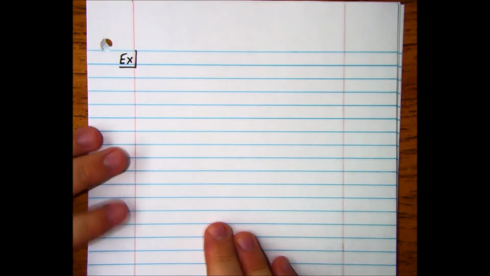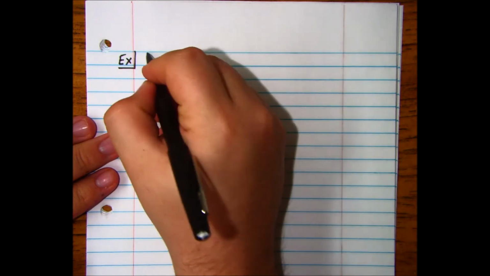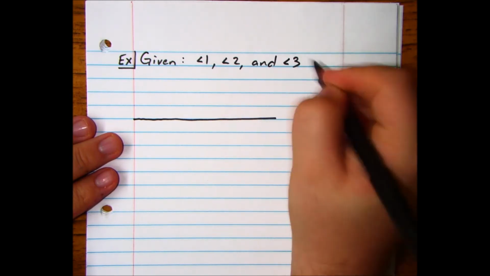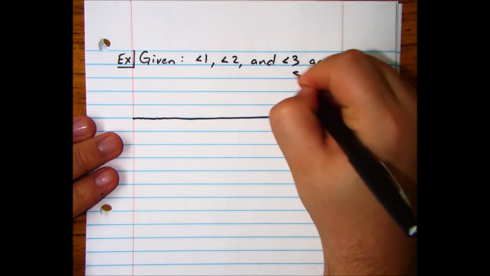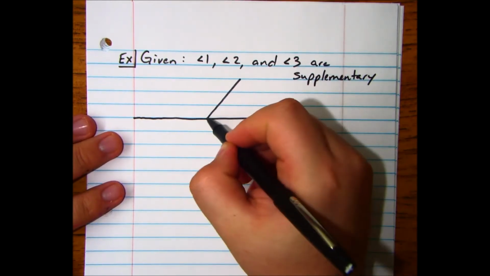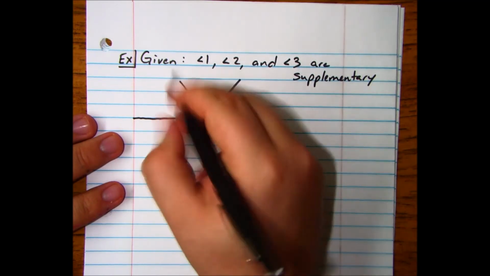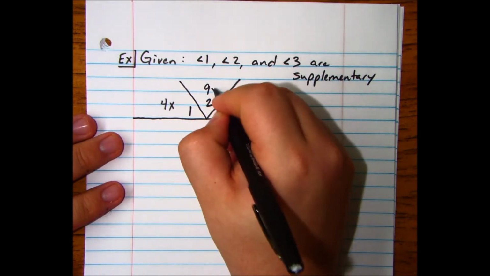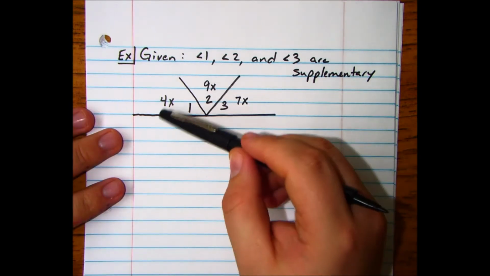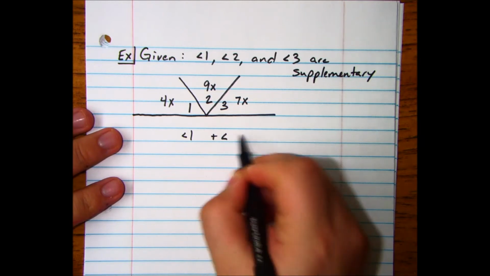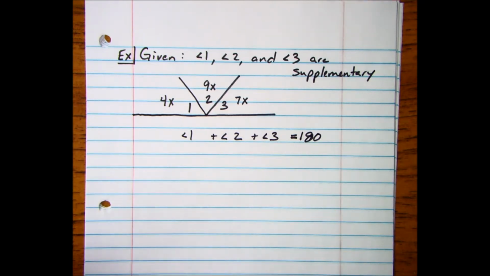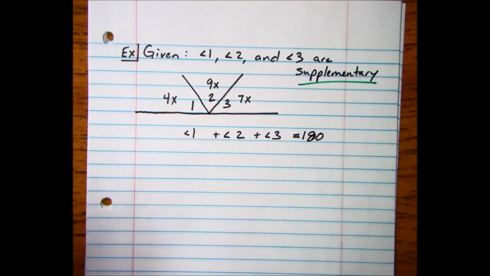Example. Given angle 1, angle 2, and angle 3 are supplementary. Now, to be supplementary, all three angles, angle 1 plus angle 2 plus angle 3, are going to equal 180 degrees, because we know that they are supplementary.